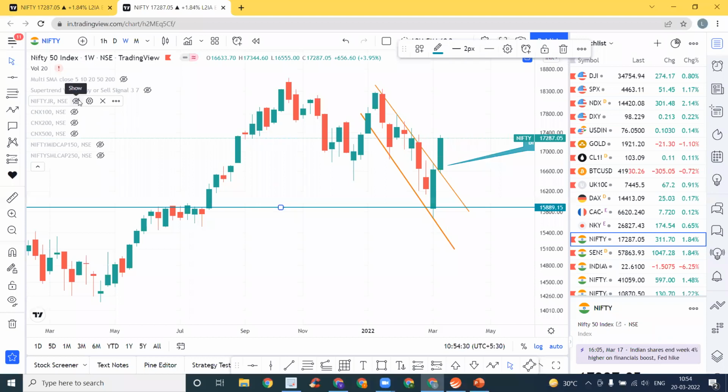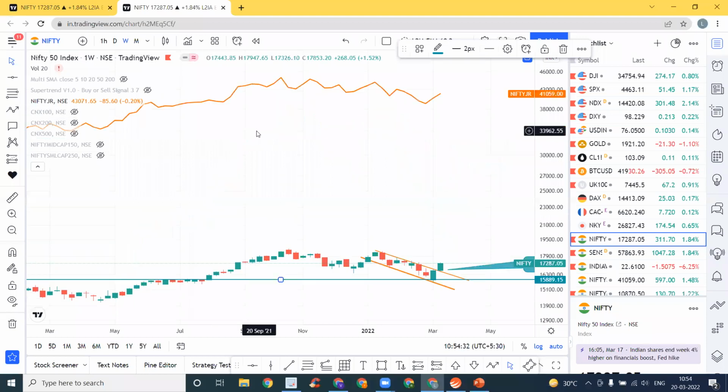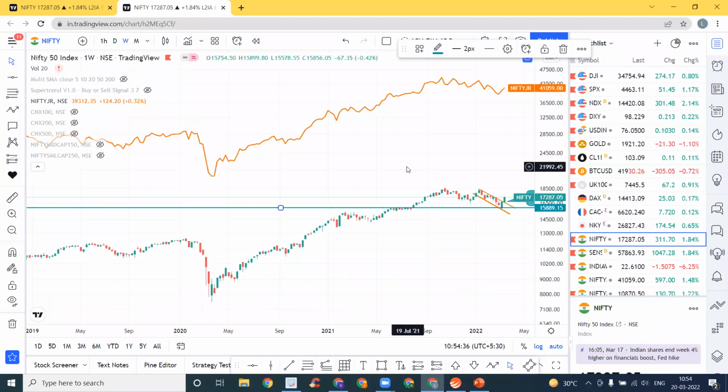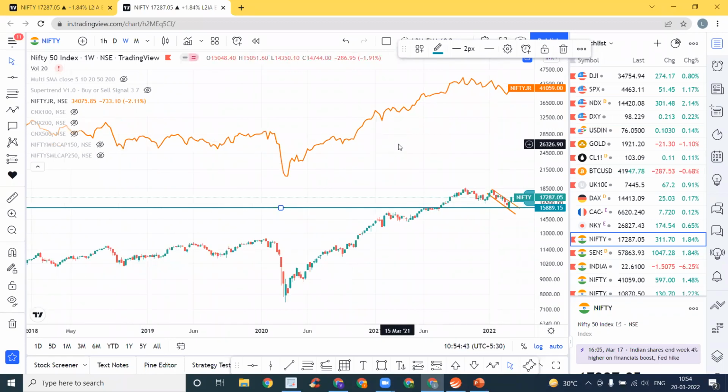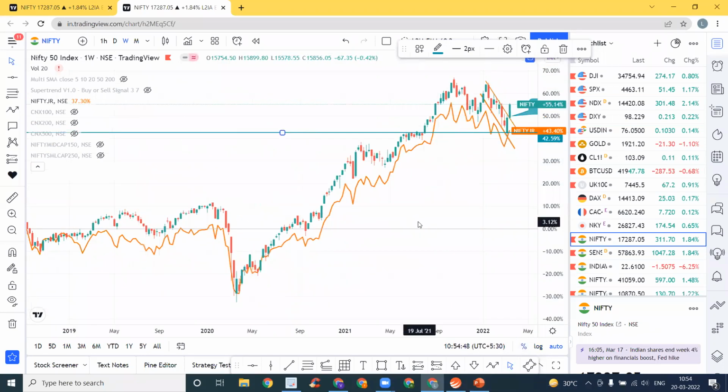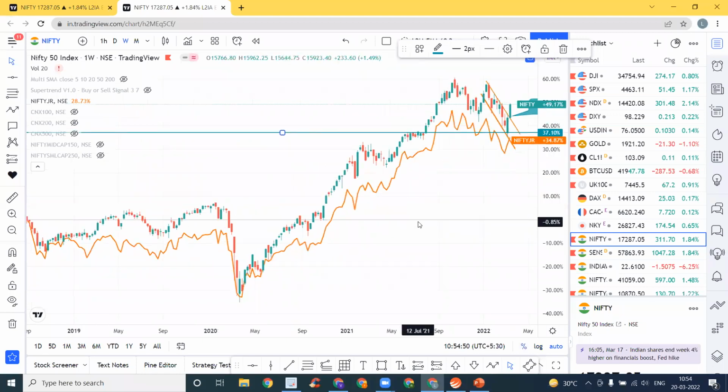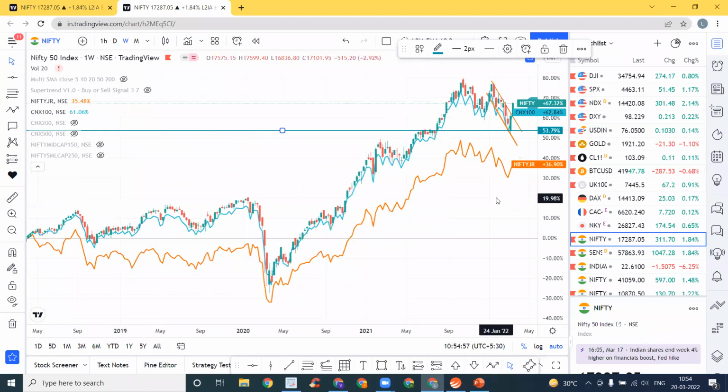So let's see Nifty with the junior Nifty. Okay, here it is. Junior means Next 50. Then Nifty 100 is here, the blue line. Let's see the mid cap.